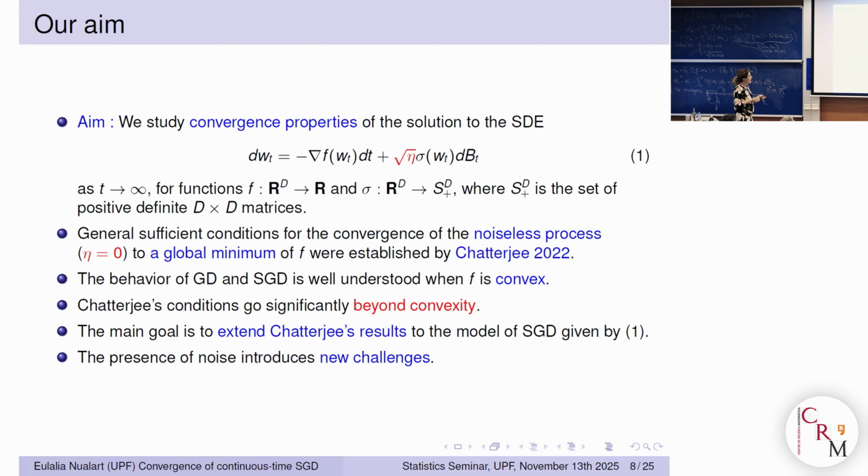And we were inspired by a paper by Chatterjee of 22, where he treats the case eta equal to 0, so gradient descent.